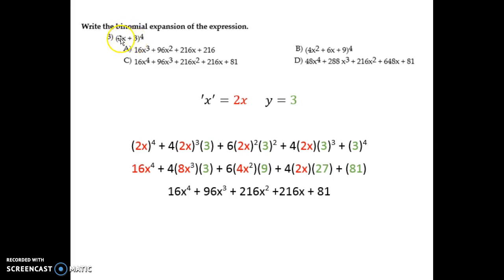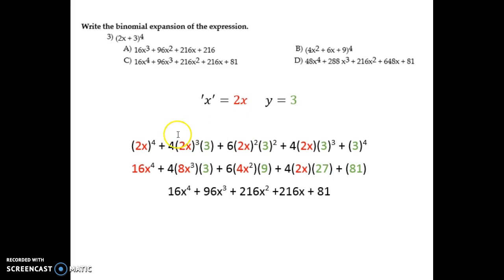So the first term, just using the same letters they use on 694, they use an x and a y. So the first term they call x, and for us, our x is 2x. And the second term they call y, and for this example, our y is the number 3.